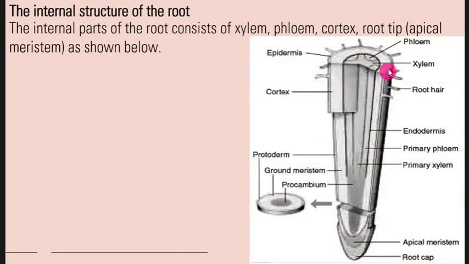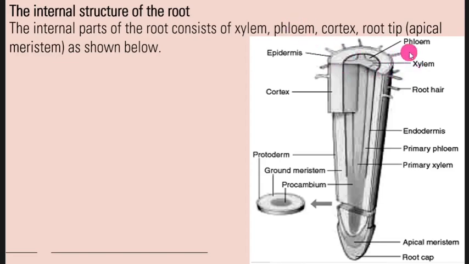So this is the root hair cell, and what its internal parts are. What are they? The xylem. Where is the xylem? This middle part here. You have seen this line pointing at the xylem. What else?